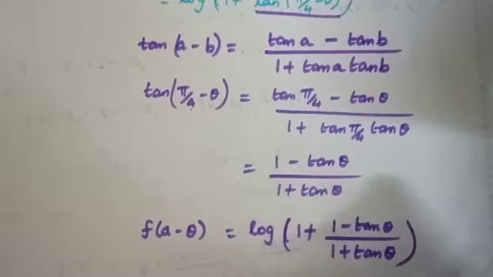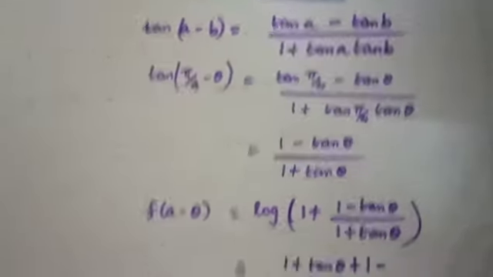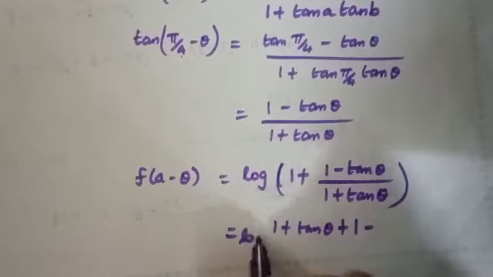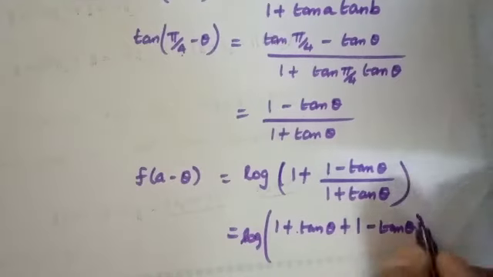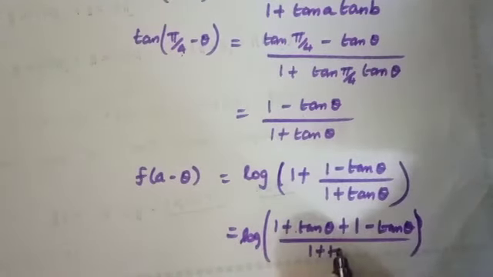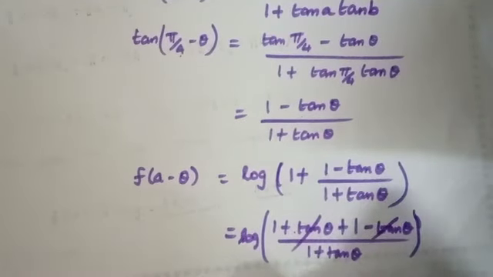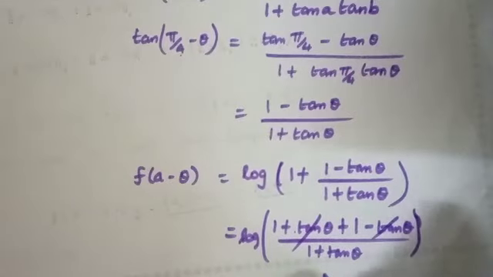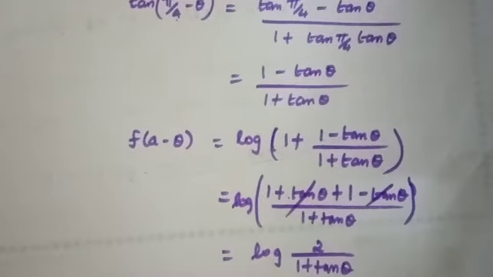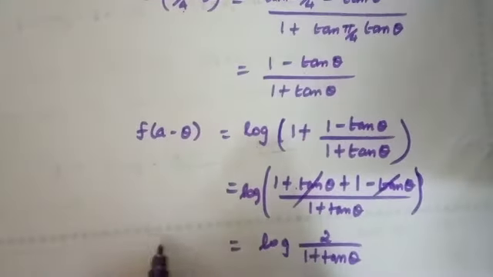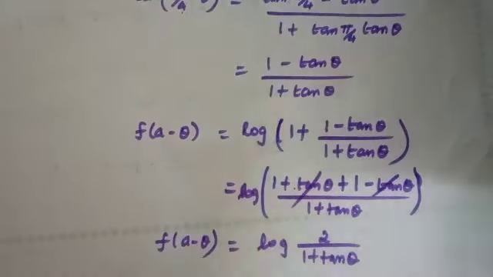Take the LCM: you will get log of 1 plus tan theta plus 1 minus tan theta, divided by 1 plus tan theta. The tan theta terms cancel off, so you will get 2 by 1 plus tan theta. So f of a minus theta is equal to log of 2 by 1 plus tan theta.